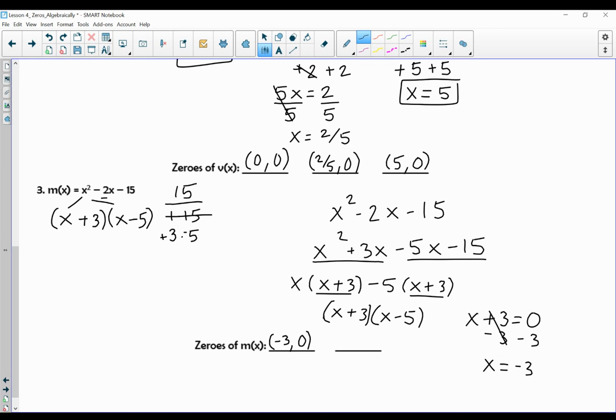And based on what we kind of observed previously, we're seeing that when the coefficient on x is 1, otherwise known as x just being by itself, what we see in the parentheses, the 0 is the opposite. So I'm going to predict that this 0 is going to be 5. So let's see. X minus 5, set that equal to 0. Add 5 to both sides. And I get x equals 5.